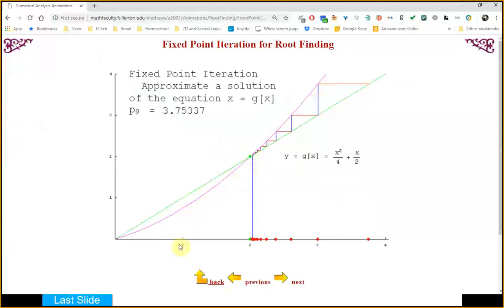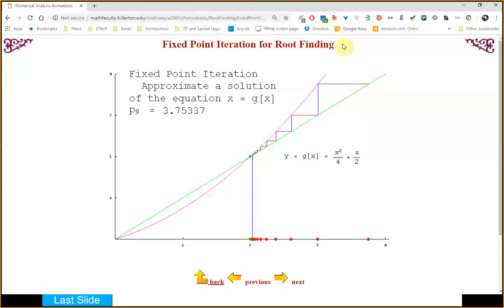For example, in this case, I could have just said, calculate the function at x equal 1, and I would have gotten this value. And then I say, calculate the function at x equal 4. I would have gotten another value. And then I would say, okay, what's the slope between those two points? When I calculate the slope, I realize that the value is greater than 1. And so I say, okay, this won't converge, so I won't really use this fixed point function.